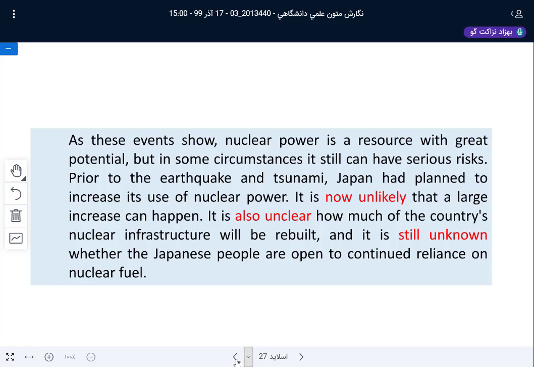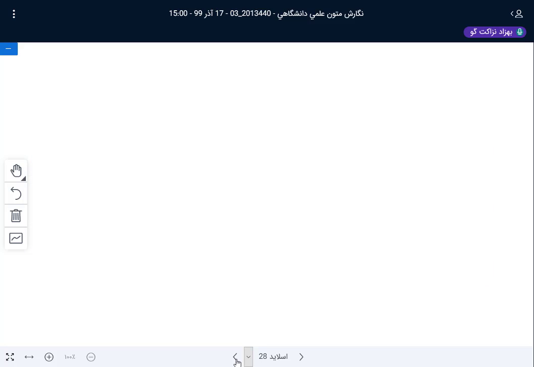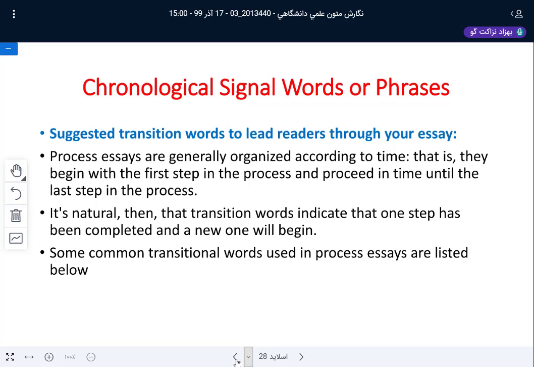So this way we can conclude our body paragraph. So this way we can write our process analysis essays. Chronological signal words or phrases.